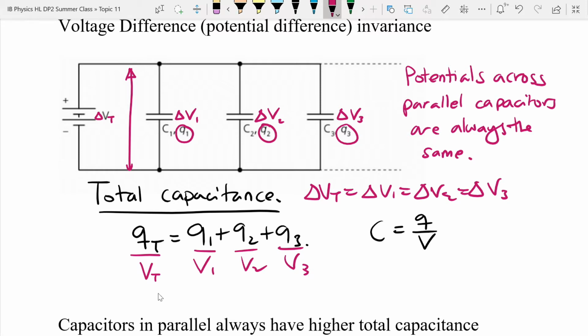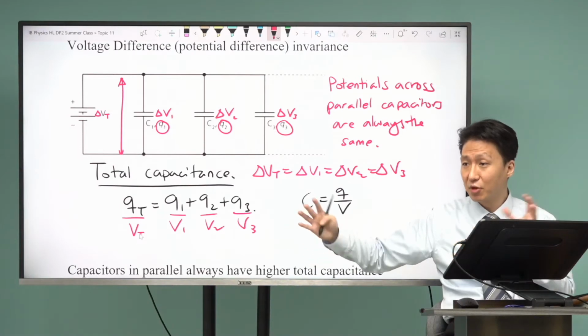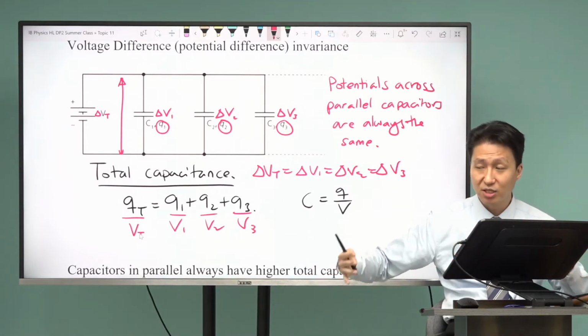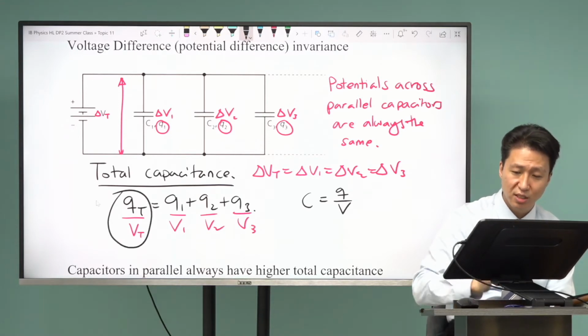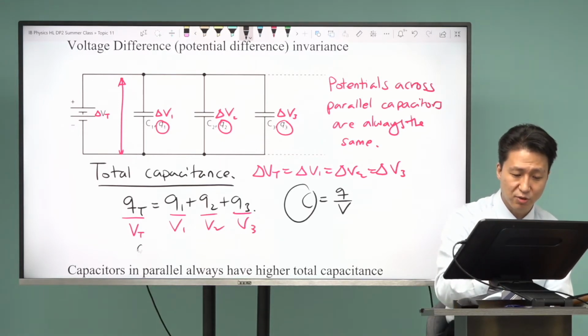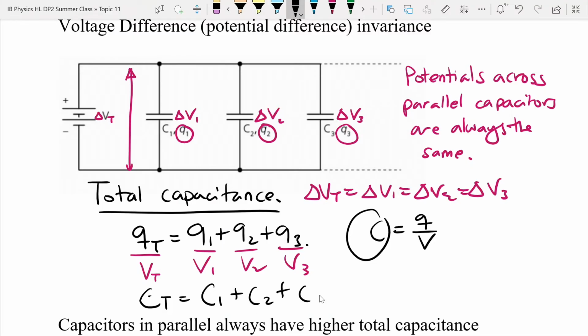And finally, you divide everything by the same thing. All these voltages are the same, right? So this is perfectly legal because you divide both sides by the same thing. This doesn't change the equation. So this was capacitance, but it's total capacitance. So C total is equal to capacitance 1 plus capacitance 2 plus capacitance 3.